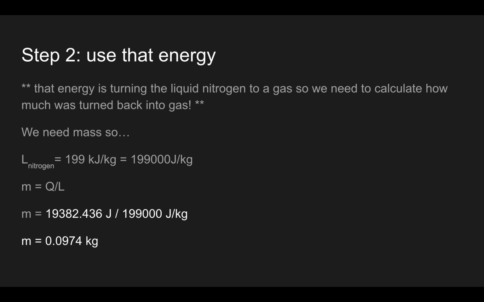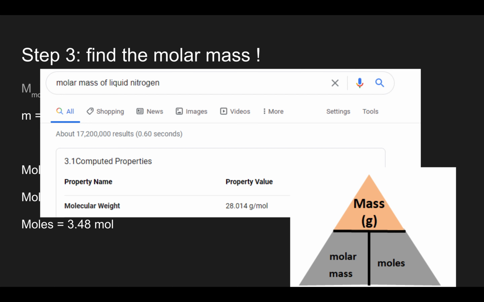We know the latent heat, and we're going to convert the 199 kilojoules to joules, so we multiply by 1,000. Then we plug it straight into that equation. We know Q, we calculated that in the last slide, and we plug in L, and we get the mass is equal to 0.0974 kilograms.